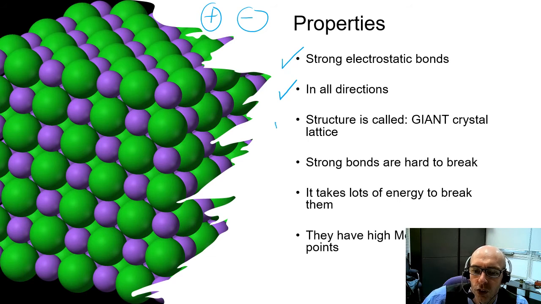It forms a structure called a giant crystal lattice, and those bonds are incredibly hard to break. It takes lots of energy to break them, and that's why they have high melting points and boiling points, and they are solids. So I would have that, the key properties of ionic bonding and ionic structures, in a nice clear box, highlighted.